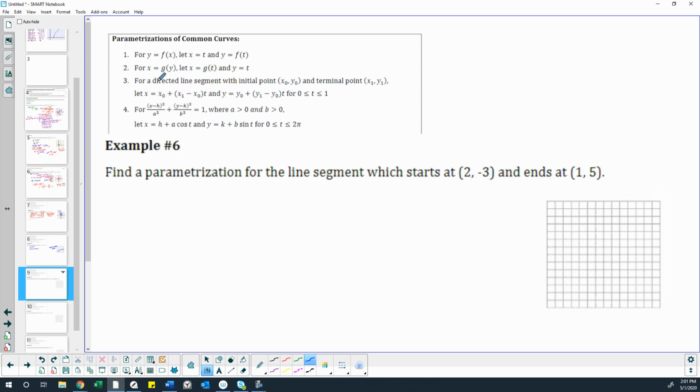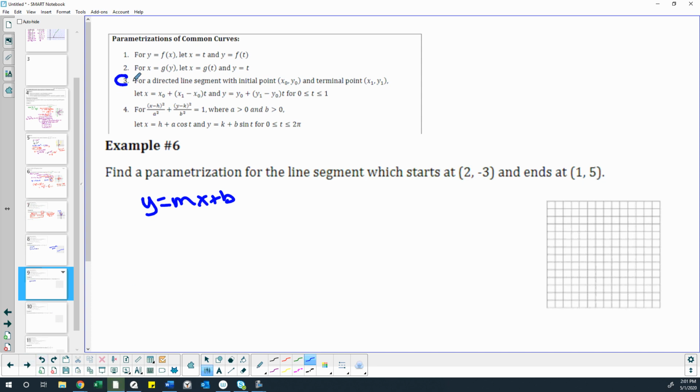We're doing a directed line segment with an initial point here and a terminal point there. Basically what that means is we're creating the equation of a line. And remember, the equation for a line is like y equals mx plus b. Okay, so in here, item 3, I didn't mean to cross it out, sorry.